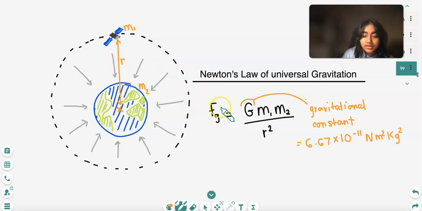And to find out the force that's interacting between this satellite and the Earth, we would just have to plug in our values of the mass of the satellite, mass of the Earth, and radius between them to determine this value.